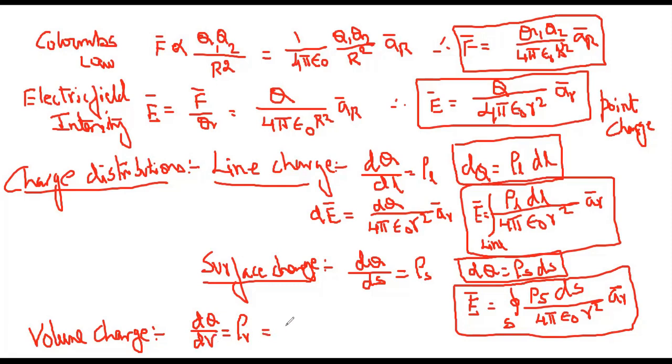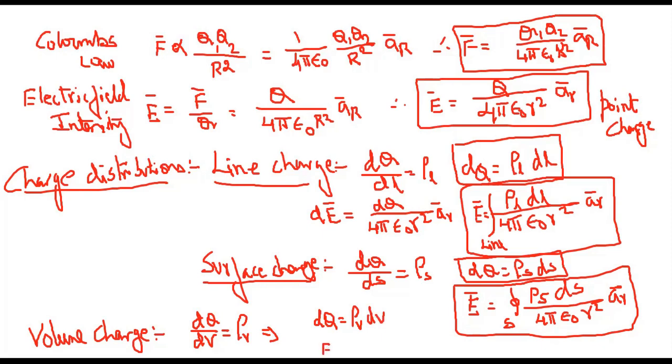Simply, the area A into length L becomes a volume. Here also you get dq is equal to rho v into dv.